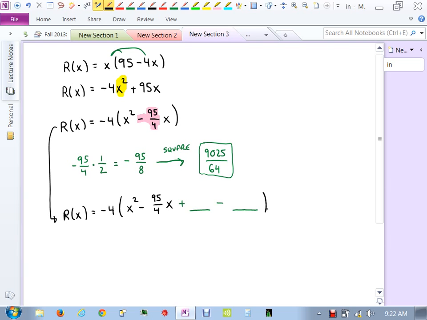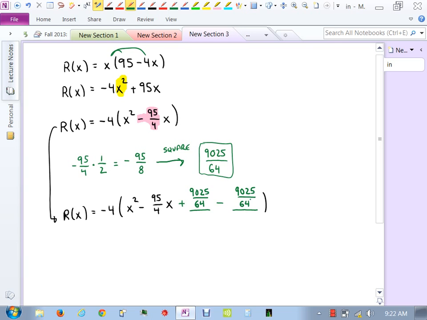They do it a little differently, and I think the way they do it is kind of confusing. Basically I'm adding 0, since these two together should be 0, so I'm not changing the problem. What I'm going to add here is the 9025 over 64, and then subtract 9025 over 64.